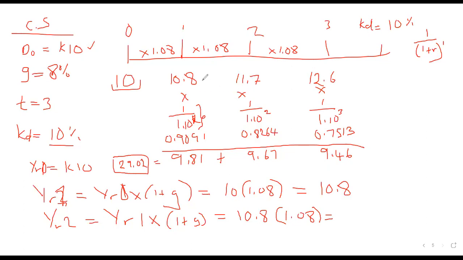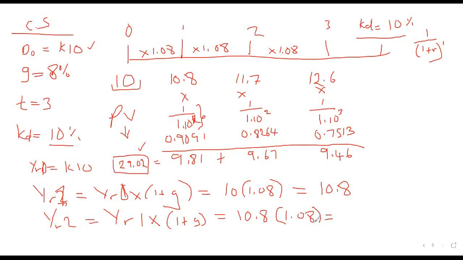Now, these values are future values. We need to find the present value and add them to find the value of the stock today. Since the market rate is 10%, the factor under year 1 was 0.909, year 2 0.8264, year 3 0.7513. When we multiply by each of these and add them, we get the present value. So the value of the stock is 29.02 for the first 3 years. Are you together? Yes.